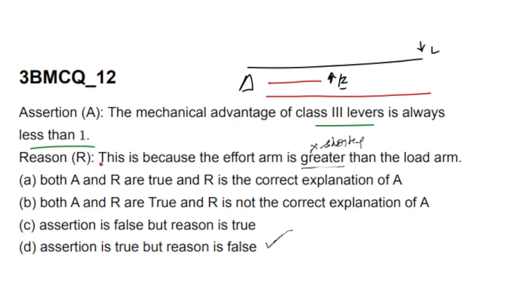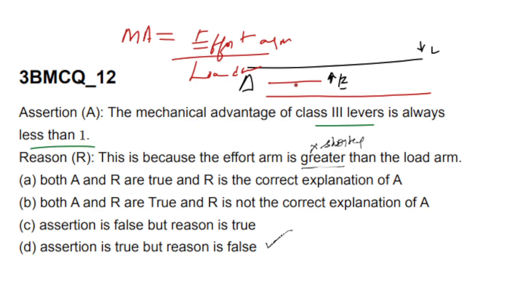So what he's saying is the reason is giving the mechanical advantage as effort arm divided by this one. Right? Effort arm is lesser. See, the mechanical advantage in ideal situation is equal to velocity ratio. So it can be understood as effort arm divided by load arm. Effort arm will be smaller and the load arm will be greater.